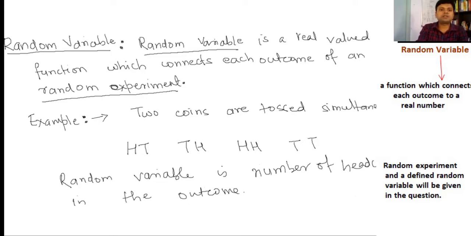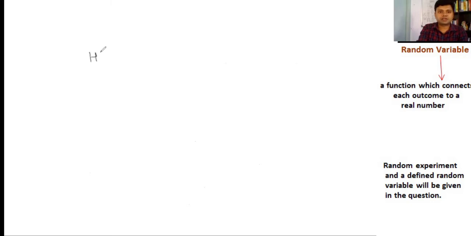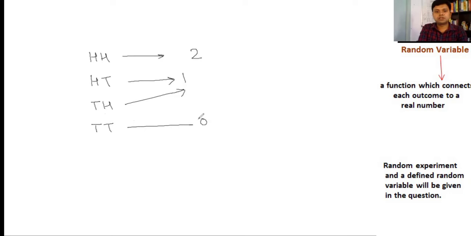First I take HH. How many heads? I can count two. If I take head tail, how many heads? One. If I take tail head, I again see one head. And if I take tail tail, this is 0 heads. So these are the values of the random variable for this random experiment where X is the number of heads in the outcome.